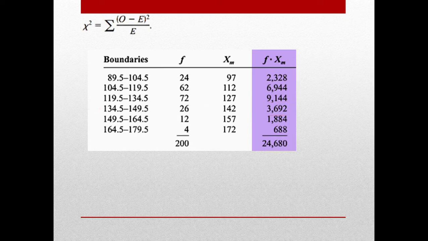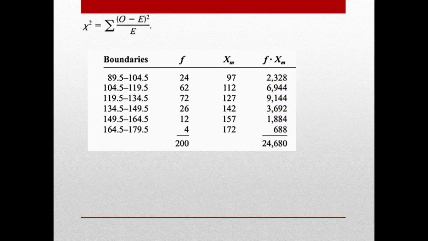For 149.5 to 164.5, our frequency is 12 multiplied by 157 is equal to 1,884. For 164.5 to 179.5, our frequency is 4 multiplied by 172 is equal to 688. The summation of frequency multiplied by midpoint is equal to 24,680.